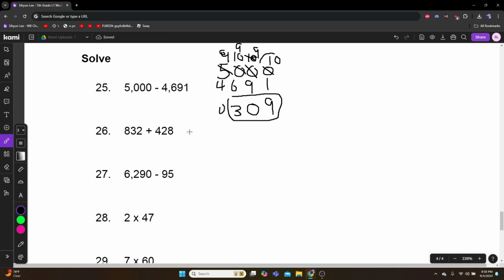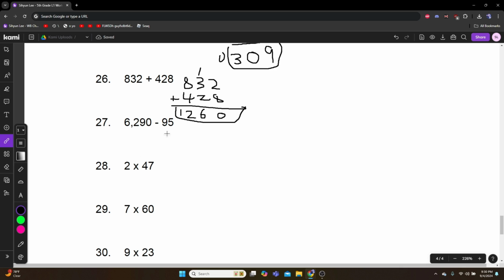So same thing for 26, but for addition, so 832 plus 428. If we add this up, we get 0, or we get 10, so we carry the 1 over. Then we get 5, and then add this 1, so we get 6. 8 plus 4 is 12, and then our answer is 1260.